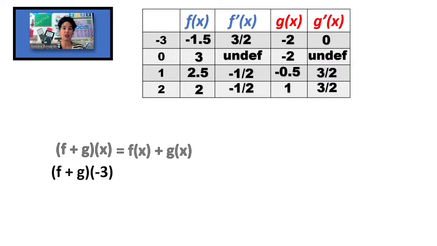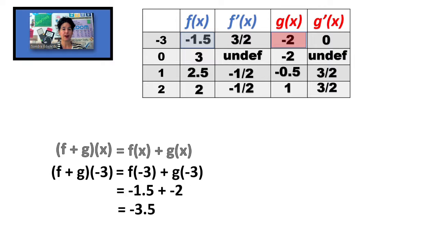So if we're going to evaluate f plus g at -3, we're just replacing those x's with -3, and we already found the heights of the f function at -3 and the g function at -3. So if we look there in our table, we got -1.5 and -2 combine, and our answer is -3.5. All right, here's another one.